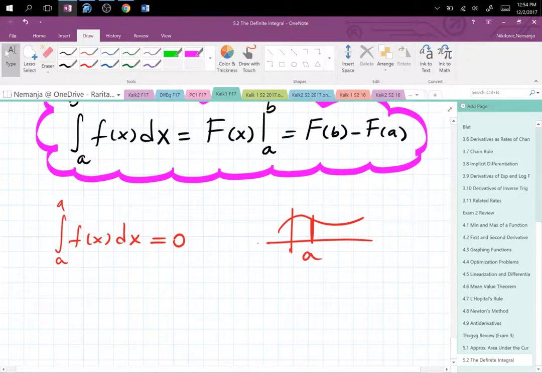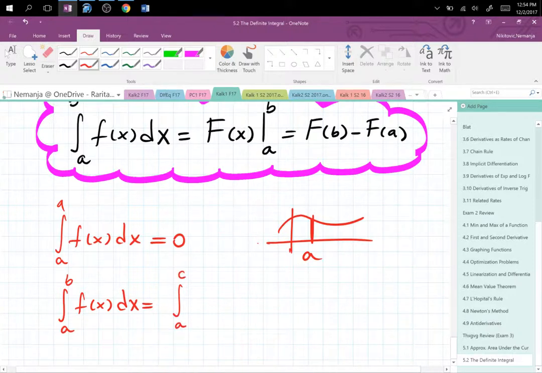There is another cool feature which says that the integral a to b of f of x dx can be broken into multiple integrals. So a to c f of x dx plus c to b f of x dx.